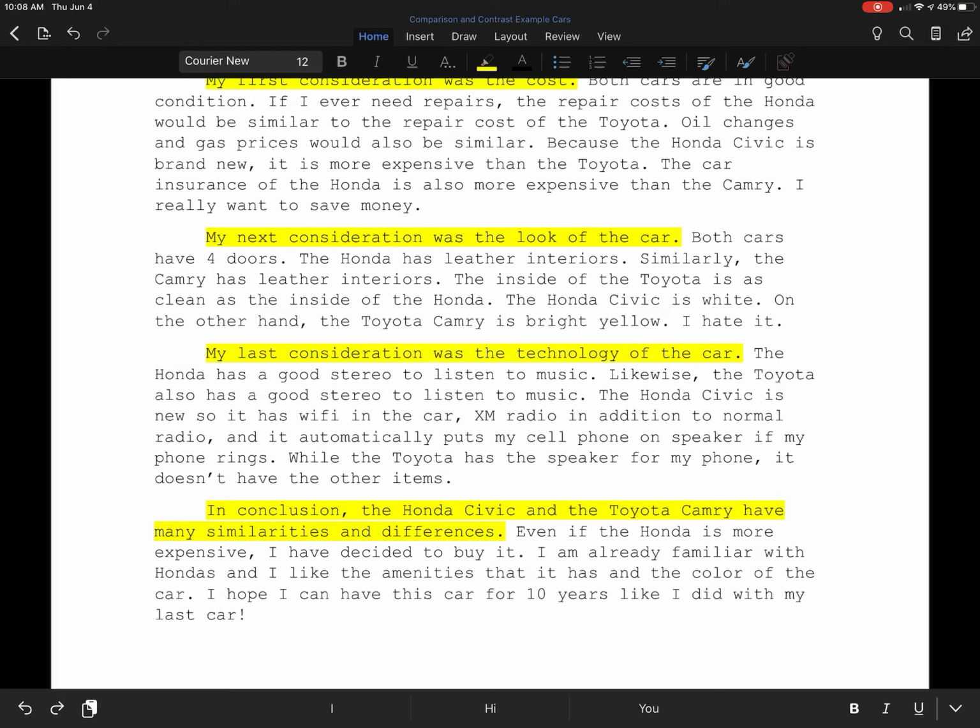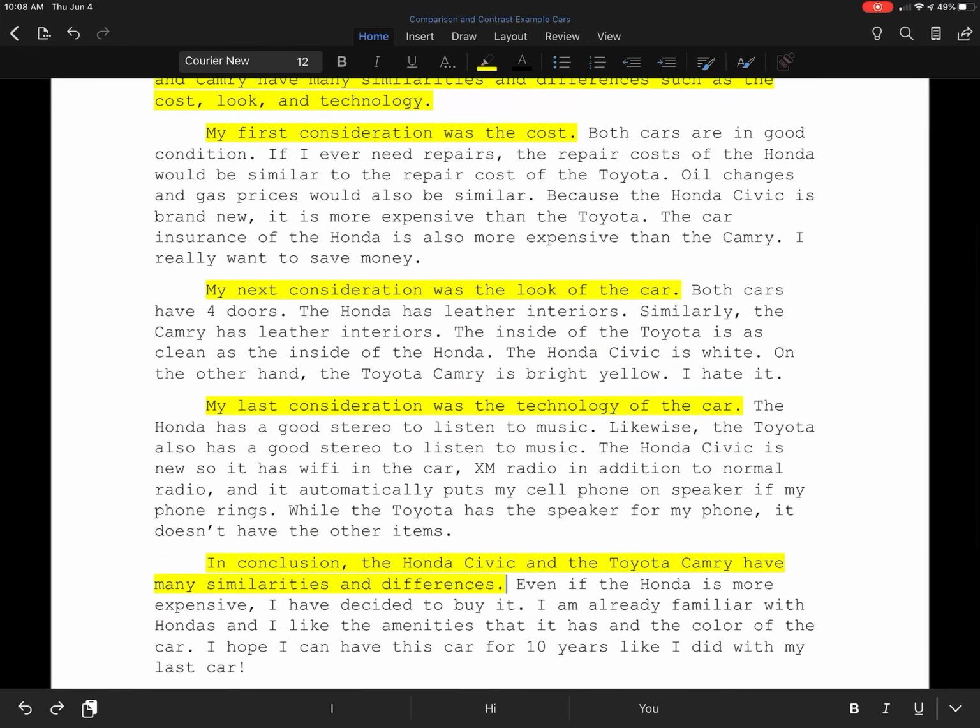And then now I need to make a decision. I chose the Honda. Even if the Honda is more expensive, I've decided to buy it. I am already familiar with Hondas and I like the amenities that it has and the color of the car. So after you say the thesis again, make a choice and please tell me why.